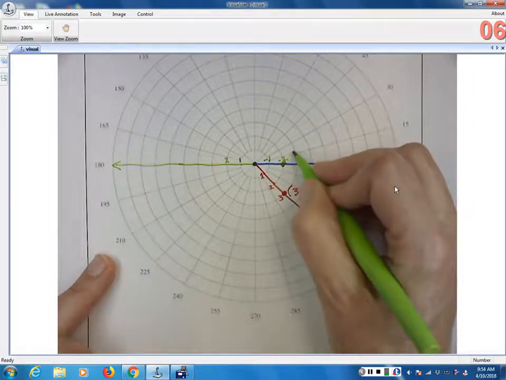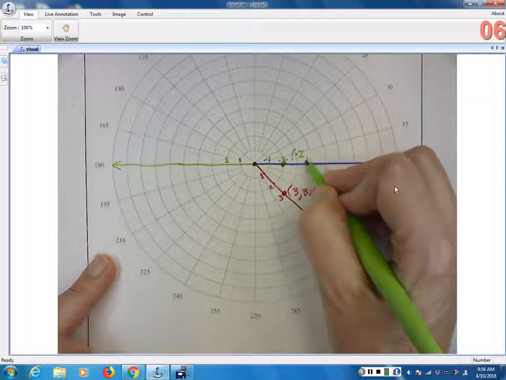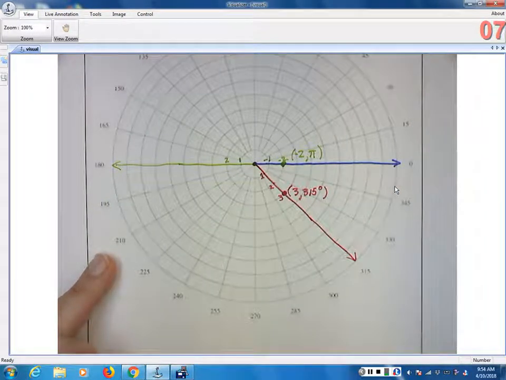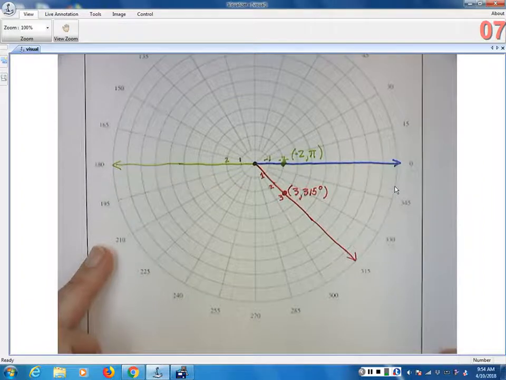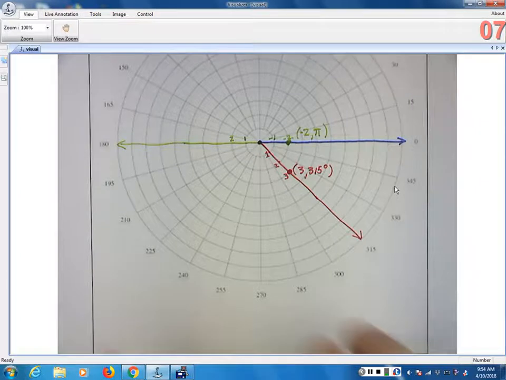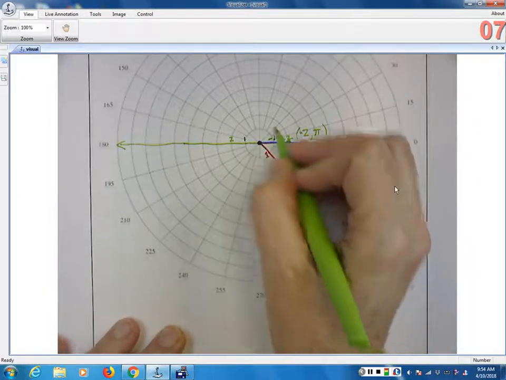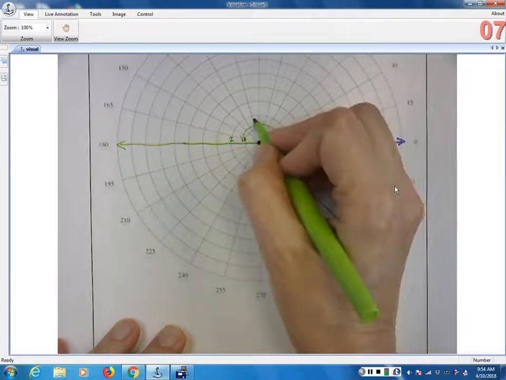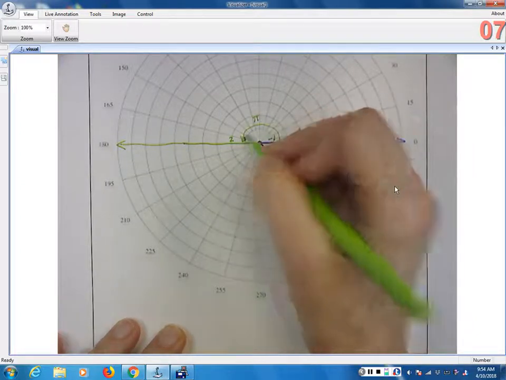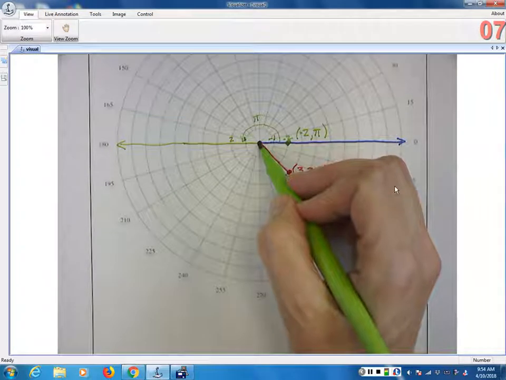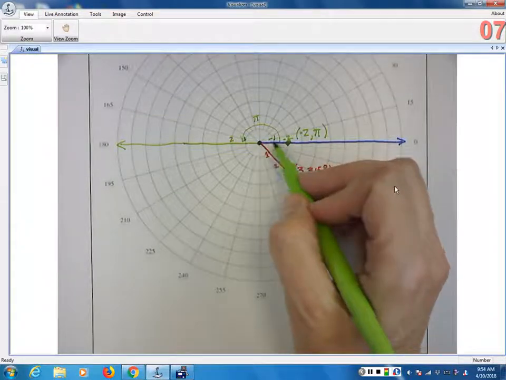So the point (-2, pi) is here. All we do is extend the line through the origin. We figure out our theta is pi, and then we start at the pole, and since r is -2, we have to go the other way.